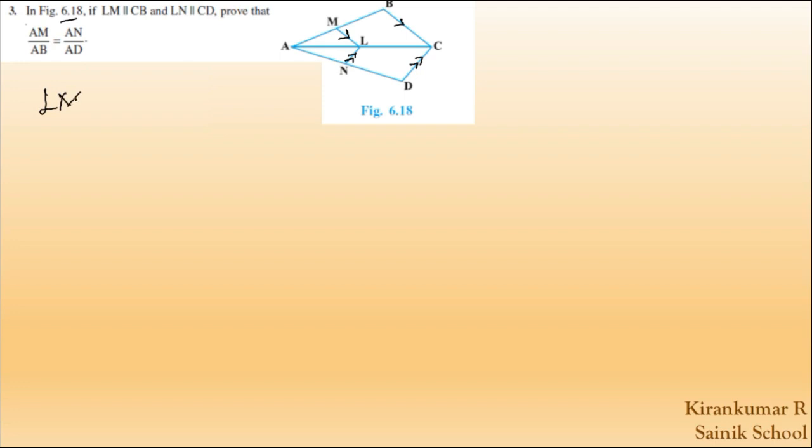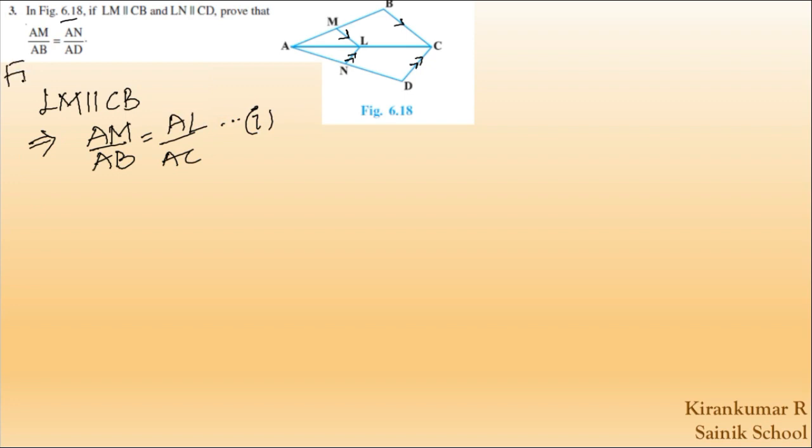Since they have given that LM is parallel to CB, I can consider Thales' theorem. I can write AM upon AB equal to AL upon AC. I'll name this as equation 1. This is from Thales' theorem.